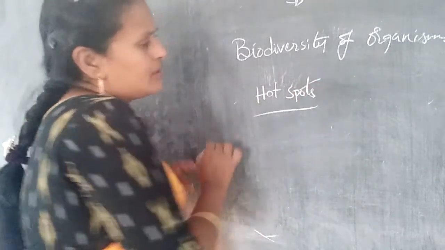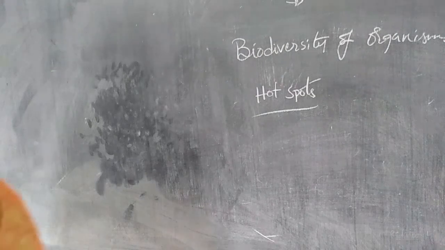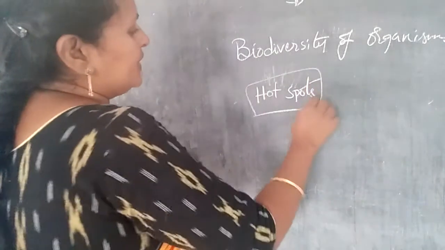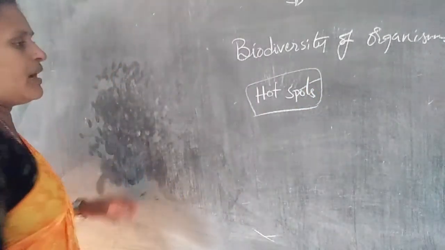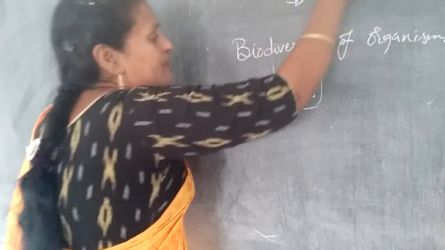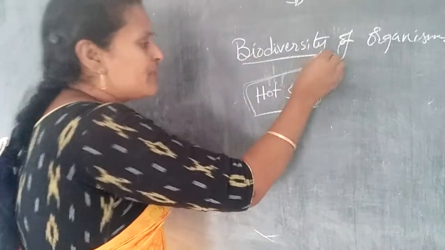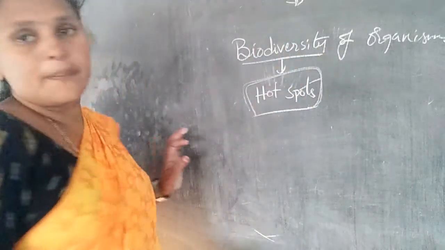The particular name for a conservation site identified this way is hotspots. So that is the biodiversity hotspots.